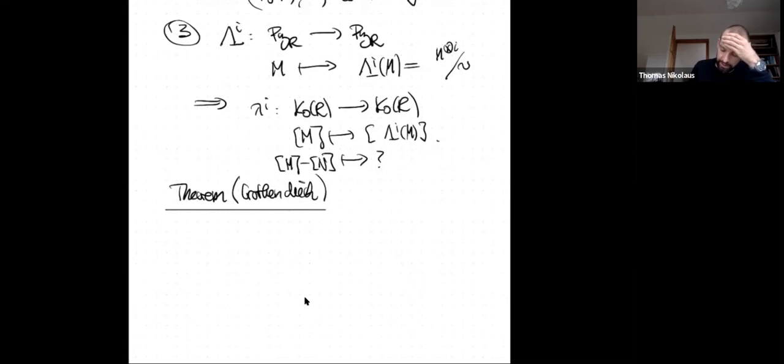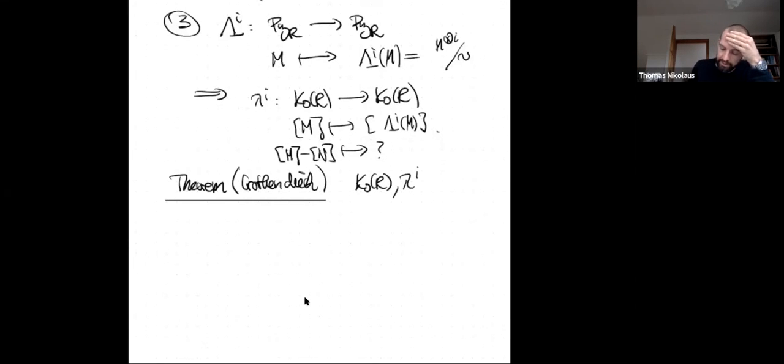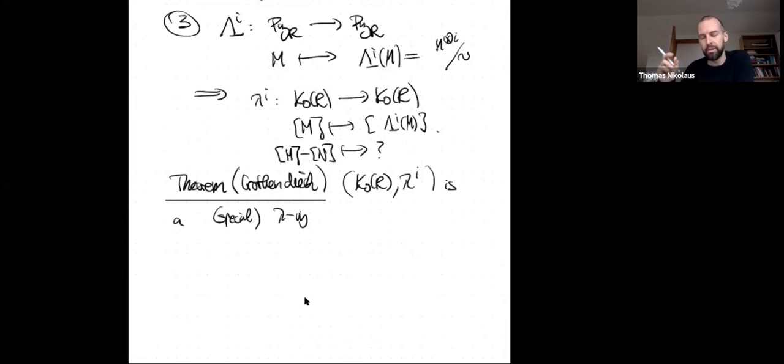Grothendieck tells us that K0 R with these lambda i's, and I should formulate the existence of the lambda i's as maps on K-theory as part of the result, is a lambda ring. Maybe let me say special lambda ring in brackets. The point is that in Grothendieck's time, what I'm going to list now would be called a special lambda ring, and nowadays the terminology has slightly shifted and we just refer to that as a lambda ring.